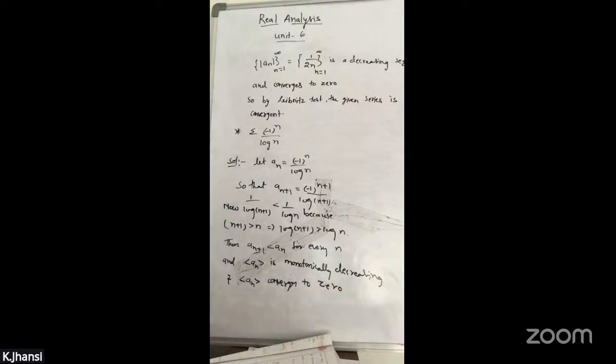How are we getting the value as 0? Because the limit as n tends to infinity of 1 by log n is equal to 0. When you take out this negative sign, you get 1 by log n. So when we substitute n as infinity, you get 1 by infinity, which is equal to 0.